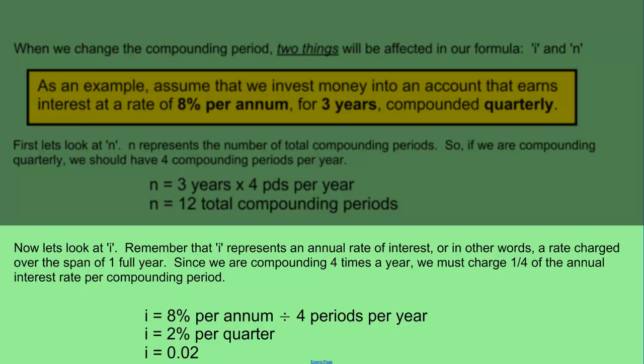We don't want that. So what we're going to do is we're going to take that 8% and divide it evenly over the year, or over the number of compounding periods. So each compounding period, instead of charging 8%, will only charge 8 divided by 4, or 2% per quarter. So our interest rate we're going to use in our formula is 0.02, which is just 8% divided by 4.